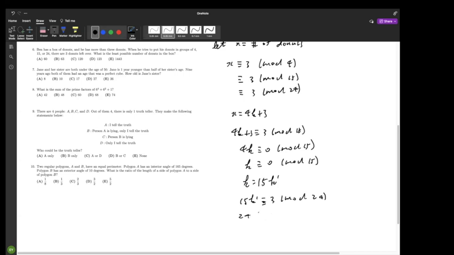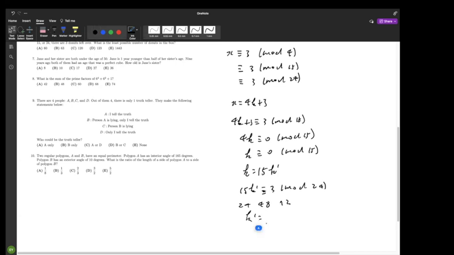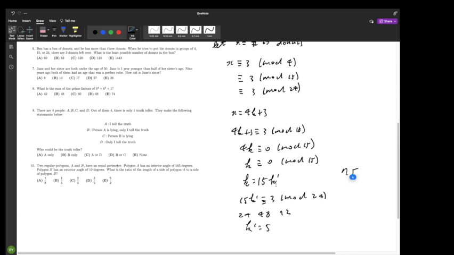Okay, I'll just try. 48, does it work? No, right? 72. Oh, okay. So K prime is equal to 5, right? Now if K prime is equal to 5, then it's 75 times 4. We have 75.